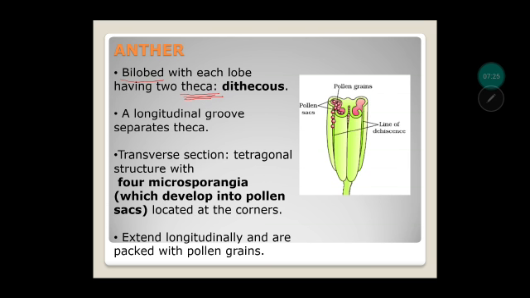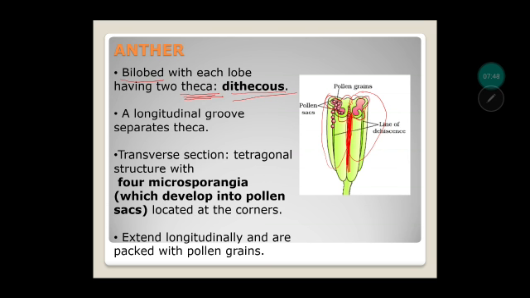If you cut it longitudinally, you will be able to see these two lobes, and these are the protective covering in the anther. So two protective layers are there. That is why it is called dithecous. And there is a longitudinal groove, which is separating the two theca.